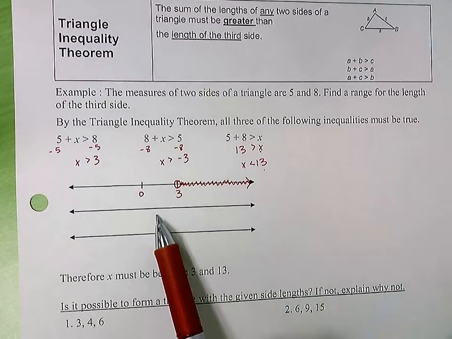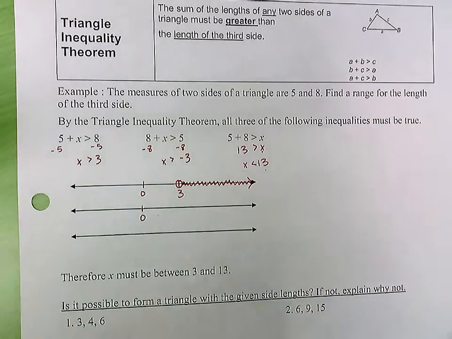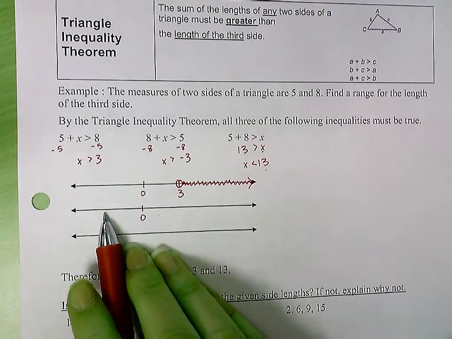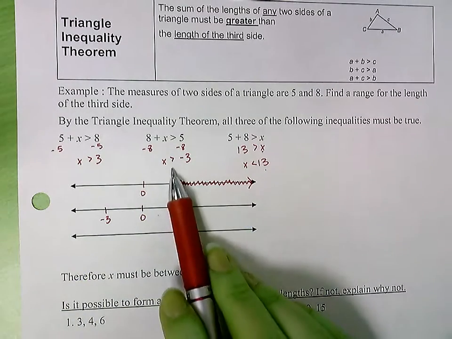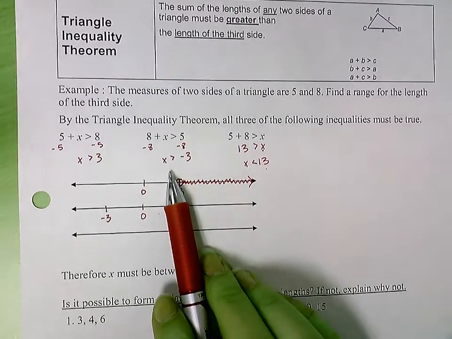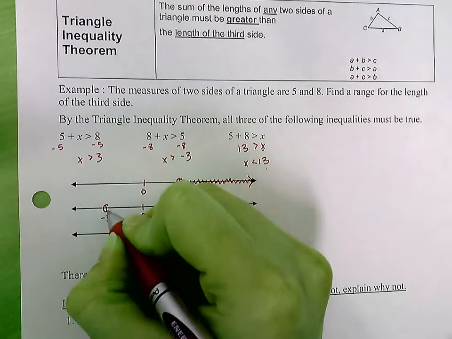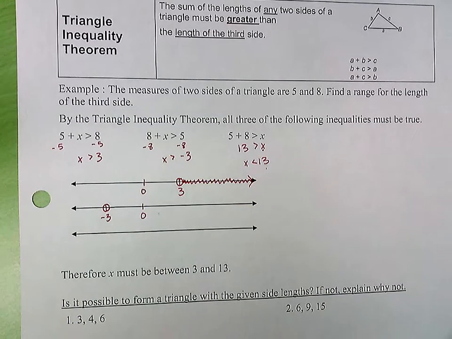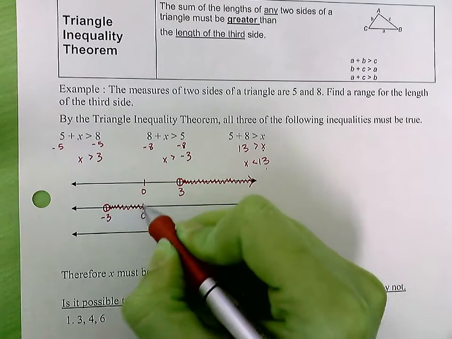For the next one, we're going to use our second number line. 0 is still right here, meaning negative 3 will be over here. Again, I want all the x values that are greater than negative 3, so we have an open circle on negative 3 and I want all the values greater than that, so we're going to go to the right.